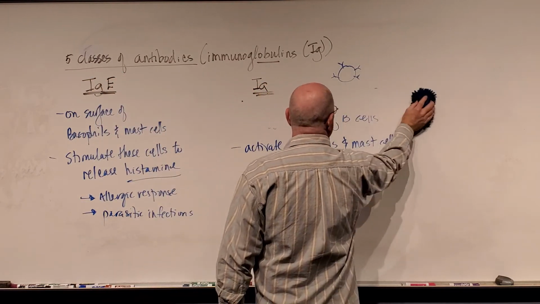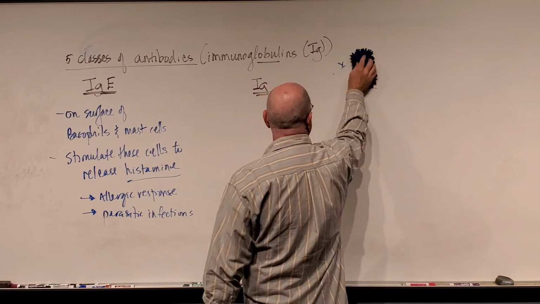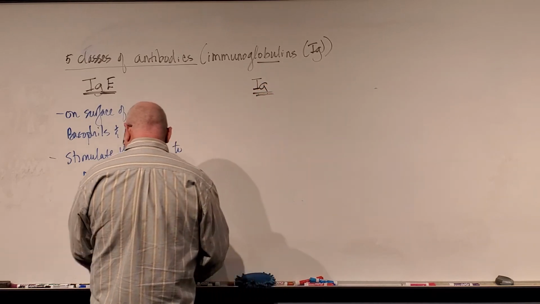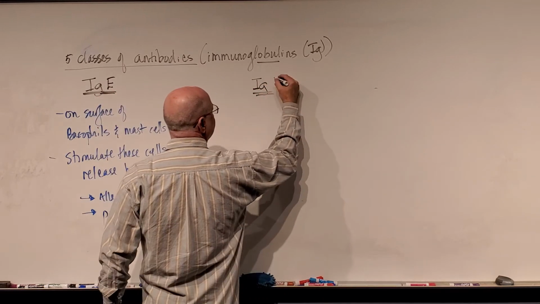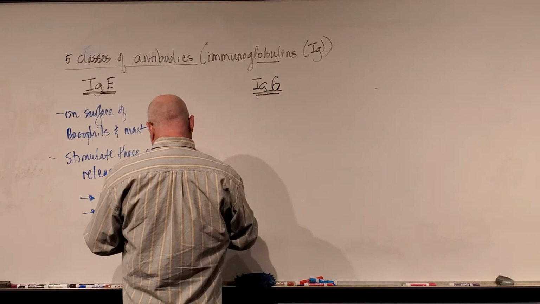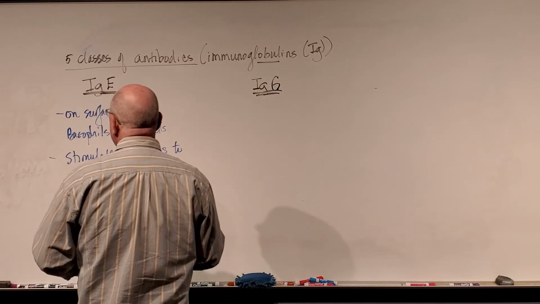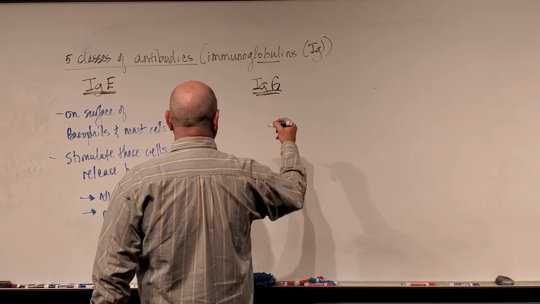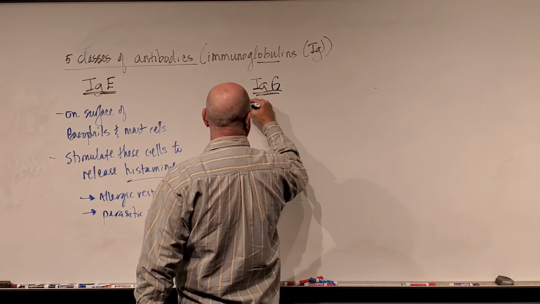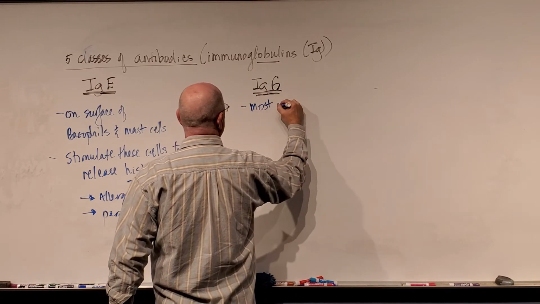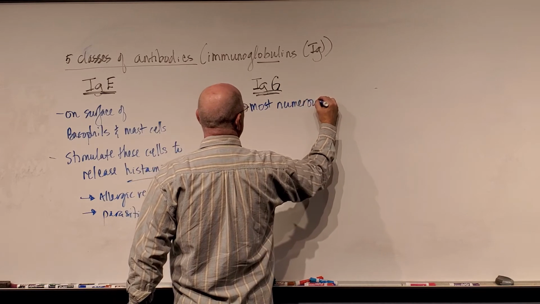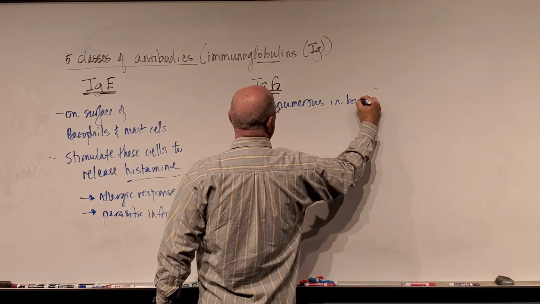Now, the next one is called IgG, or immunoglobulin G. A few things to know about immunoglobulin G. This is the most numerous in body fluids.